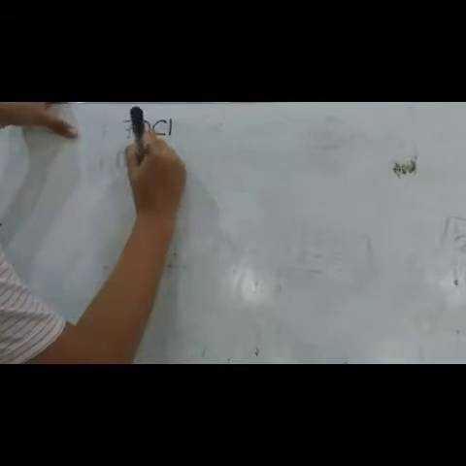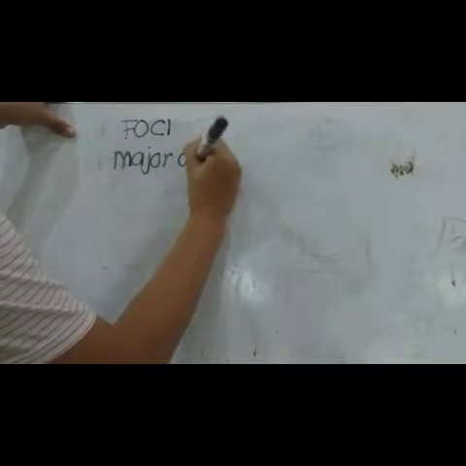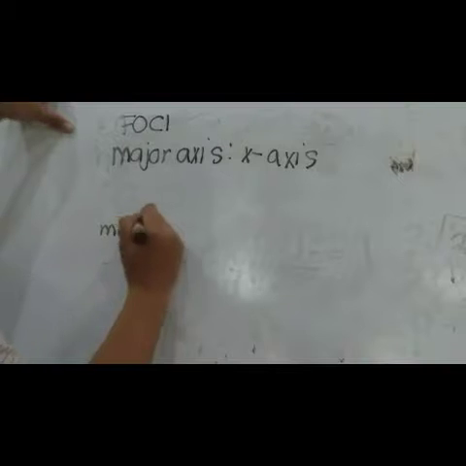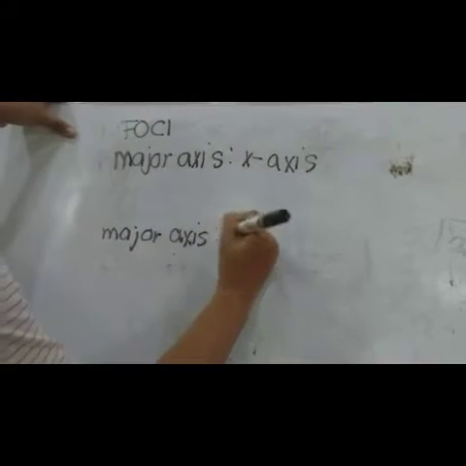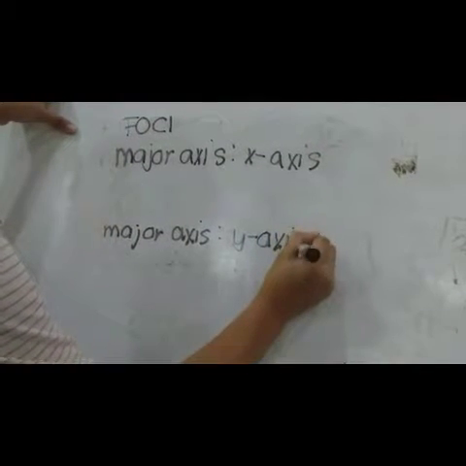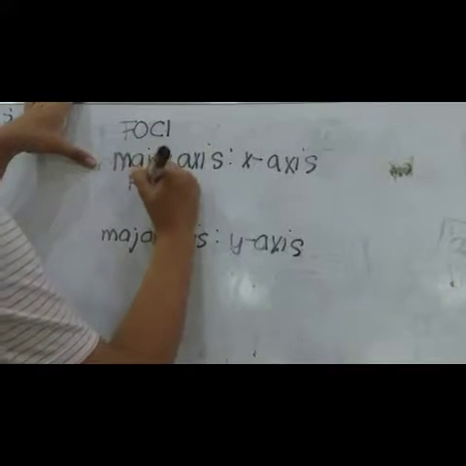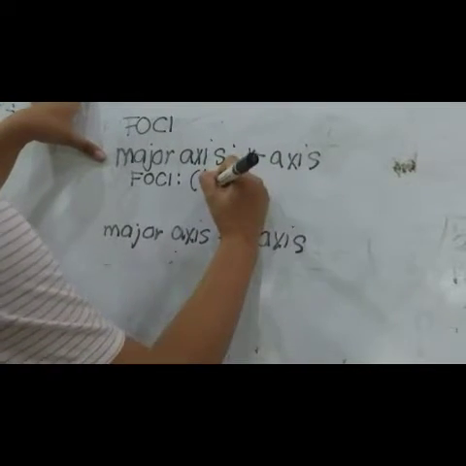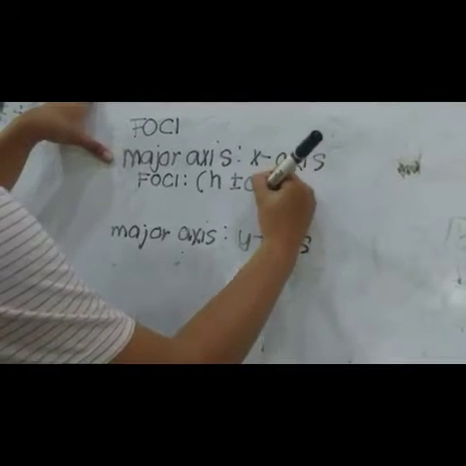So the next thing we need to find is the foci. Foci will depend on the equation, and so will the vertices and the co-vertices. If the equation has the x-axis as the major axis, or if it is the y-axis, the formula of the foci for the x-axis major axis will be this: h, or the horizontal axis, plus minus c, and k.